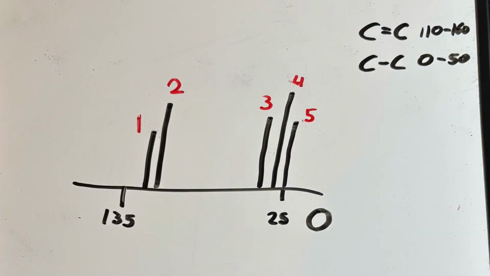I've written the range of the 2 environments in the top right-hand corner. The carbon peak that we assign to the second carbon is closer to the C to C region because it has more C to Cs close to it. And likewise, because carbon-3 is more influenced by the carbon-to-carbon double bond, we put it slightly further up in the carbon-to-carbon region.